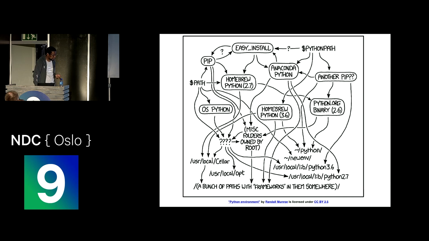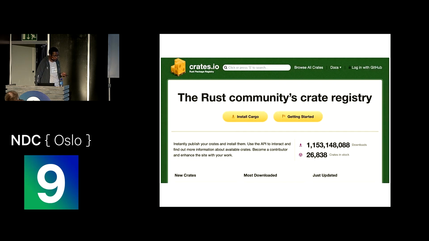Then we also have a community repository. If you have a library and you want to share it, you can simply upload it to Crates.io, and then everyone has it. It's also a nice way for people to discover what has been built.